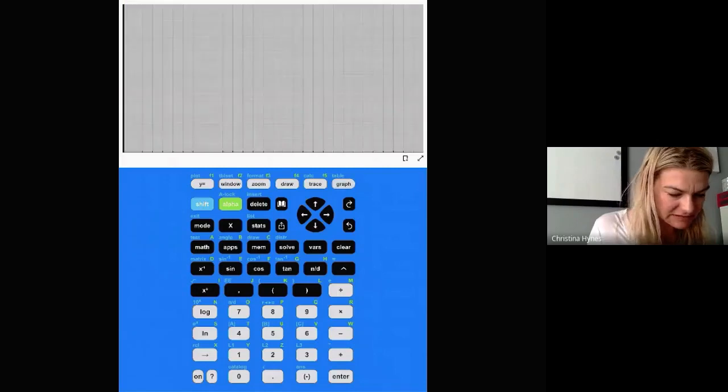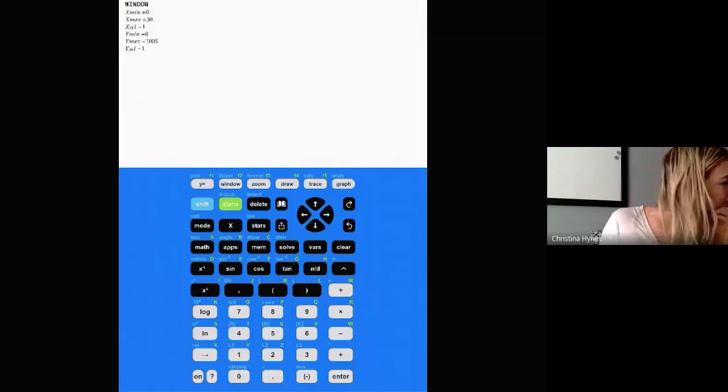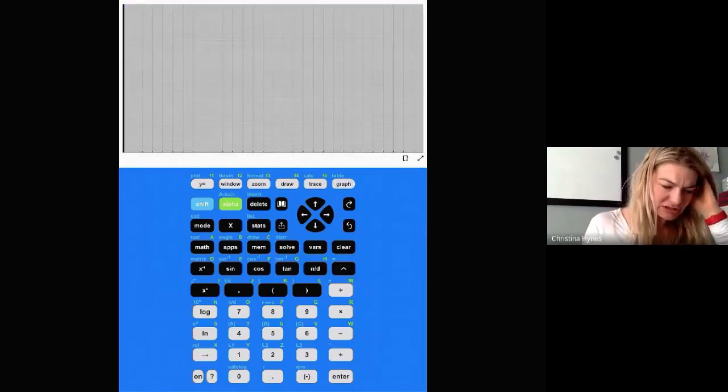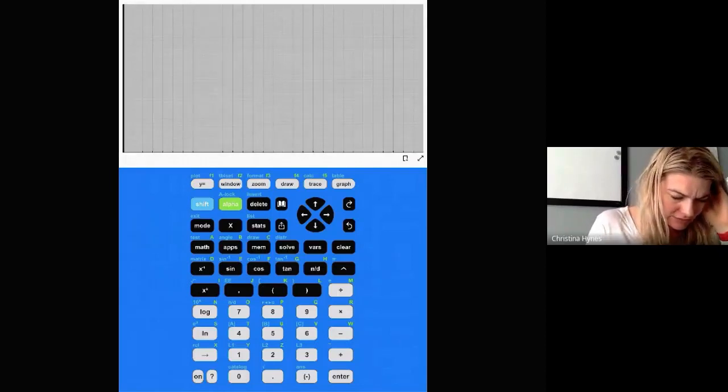And for some reason, it's not helping me out. Okay, I just did it in my calculator and it worked. Let me try this. I'll try to show you in my calculator what I'm doing. Unfortunately, it's not working for some reason.